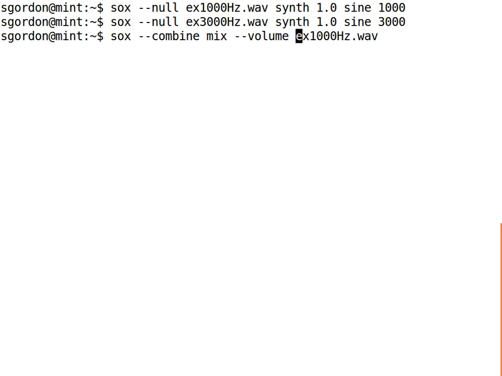So the first one I'll set a volume of 1.0. That's the first component, which has a magnitude of 1, or a volume of 1 in terms of audio. The second component has a volume of 1/3, let's say 0.33. And then the file name.